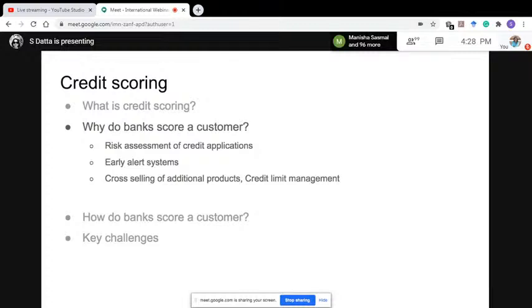So again, the credit score will help you to assess if they're more likely to pay off, then you can give them a higher credit limit and be more confident that they're going to be able to manage.